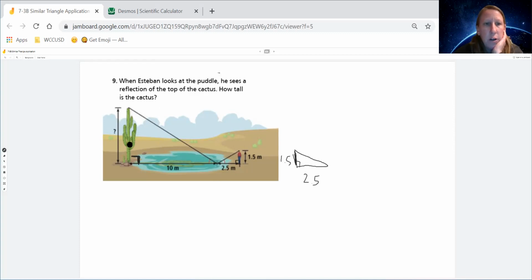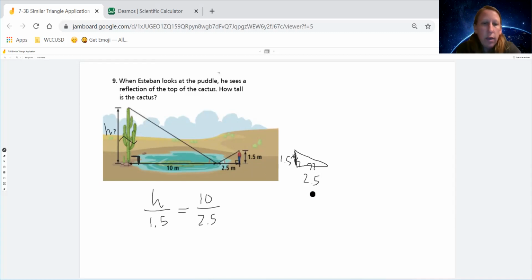And then if that helps you line it up a little bit more, we'll use H again for the height of the cactus. And H goes with 1.5, the same way that 10 goes with 2.5. So this time I went from the big triangle to the small triangle. So H matches up with 1.5, the same way that 10 matches up with 2.5.